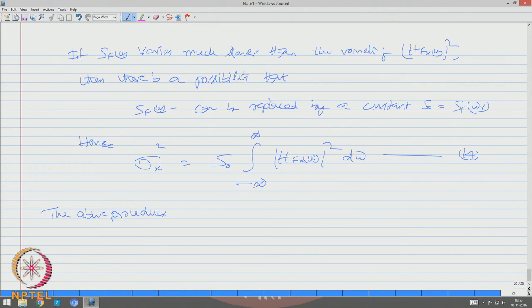The above procedure of replacing S f omega with S0, S f omega r, is called white noise approximation. It has got a very typical feature.